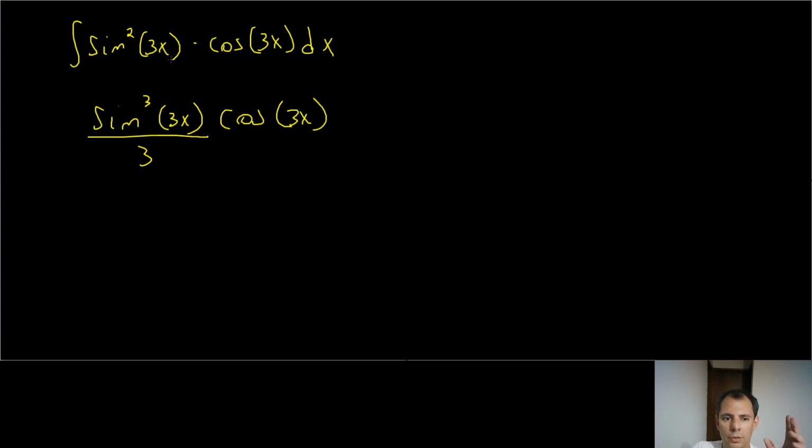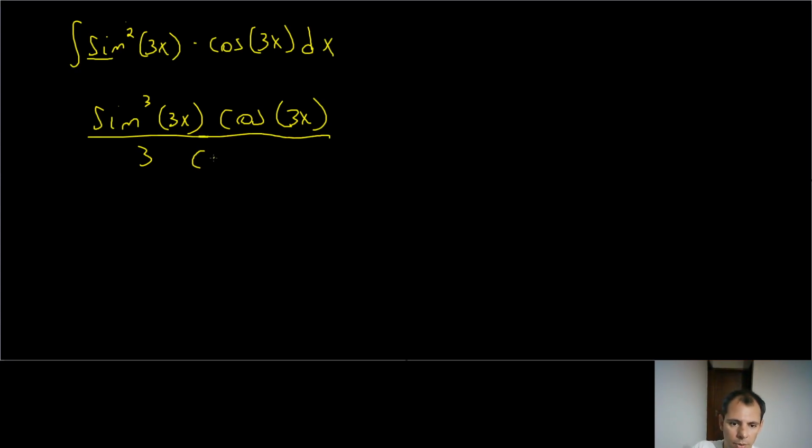You have 3 levels: the outermost function, the innermost function, and the middle function. I integrated the outermost function, then I go to the middle function, which is the sine, and I got to divide the whole thing by the derivative of that. What is the derivative of sine of 3x? Cosine of 3x. I have it in here.